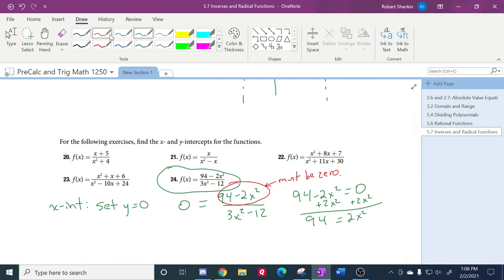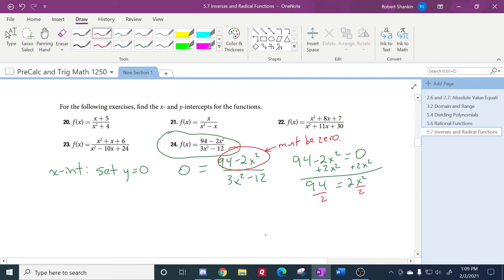I'm going to divide both sides by 2. And we got x squared equals half of 94, which is what, 47? So then I take the square root of both sides. Introduce a plus or minus sign when you do that.